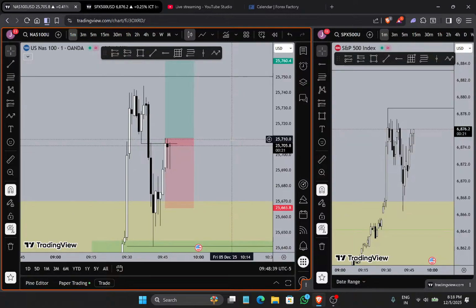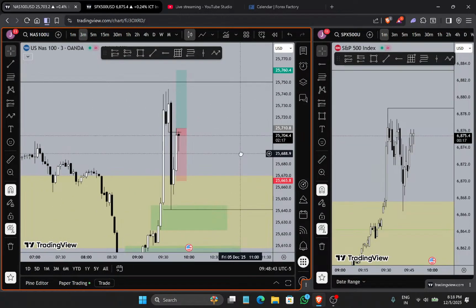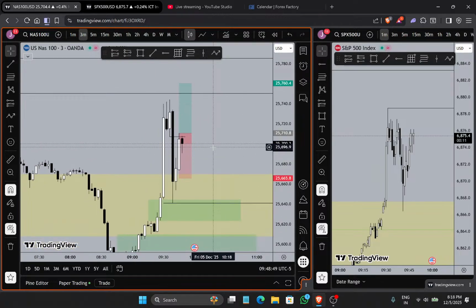Not trades that. But on my CMT broker, there's actually inverse.